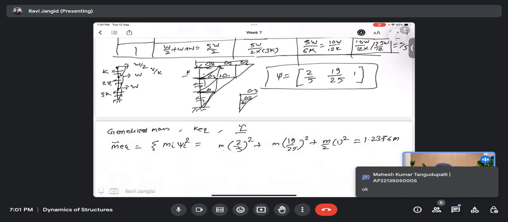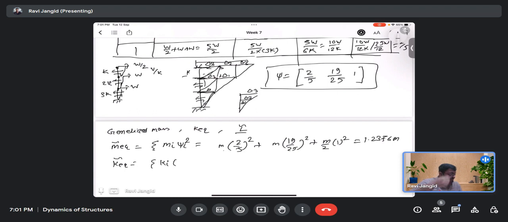Similarly, you can find out the K equivalent. So that is also Ki times (psi i minus psi i minus 1) squared. For the first story, what is the stiffness? 3K. So that will be 3K into (2 by 5 minus 0) squared.